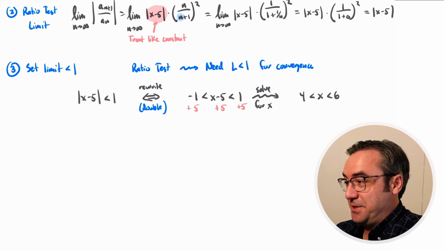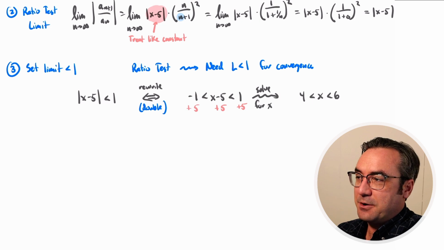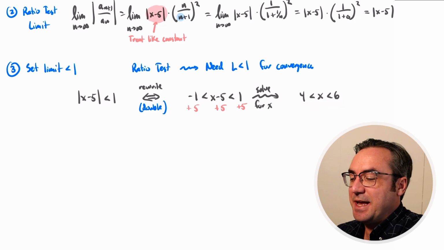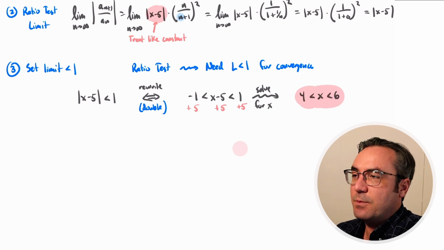So we're getting close. This is almost our interval of convergence, but it's not necessarily the answer. We're not quite there, but we are ready to actually state what the radius of convergence is.